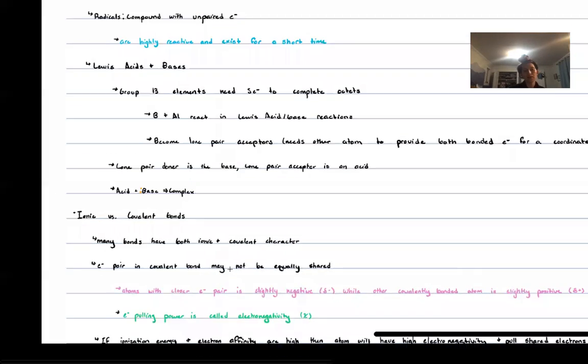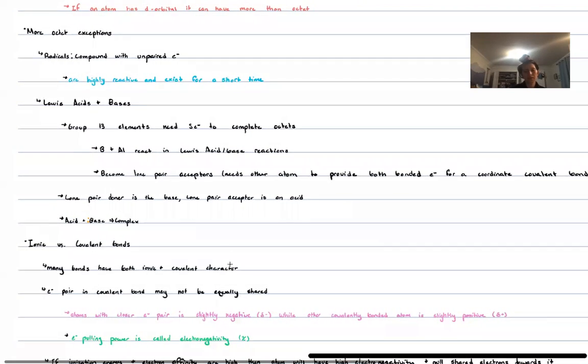So for ionic versus, let's zoom out again. Ionic versus covalent bonds, like I said, a lot of these bonds have both ionic and covalent characteristics. Some lean towards one more than the other, but for the most part, it's a mix. Because of that, the electron pair in the covalent bonds isn't always equally shared, because if you have an atom that has a stronger pull towards the center, then it's going to pull that electron more than its partner.